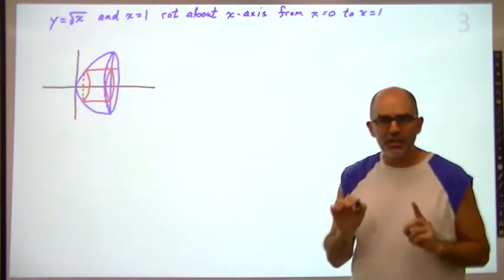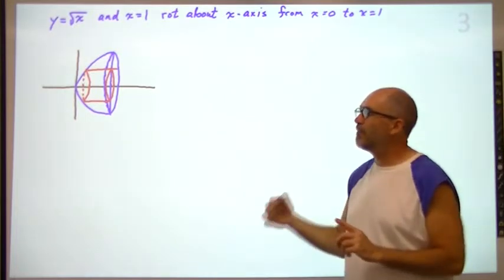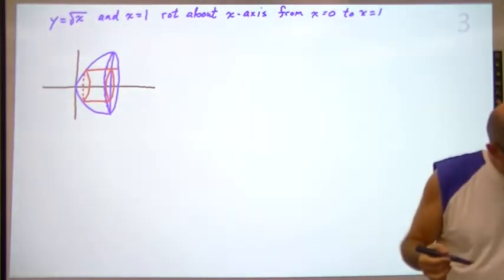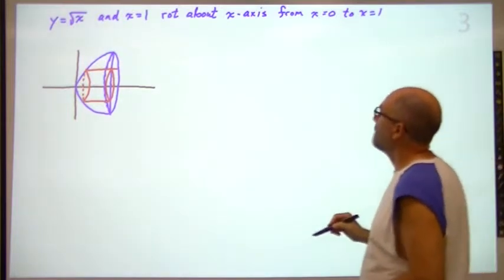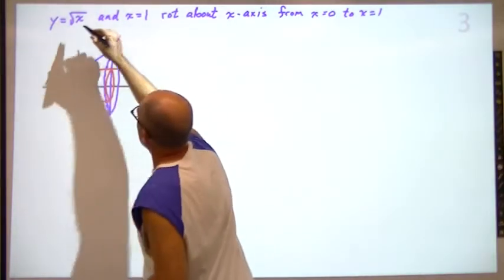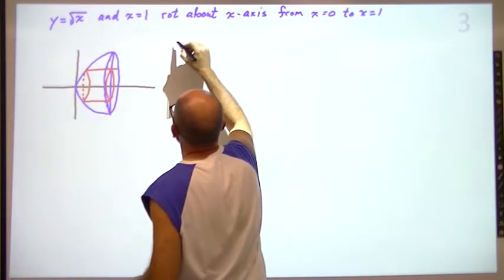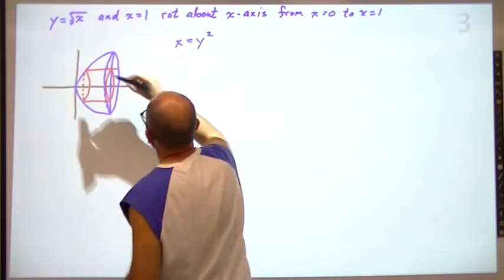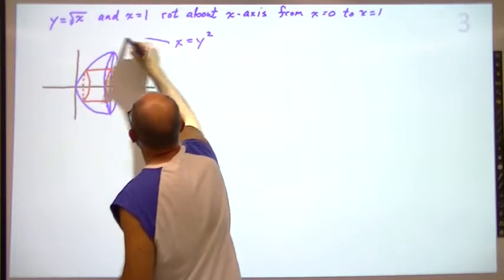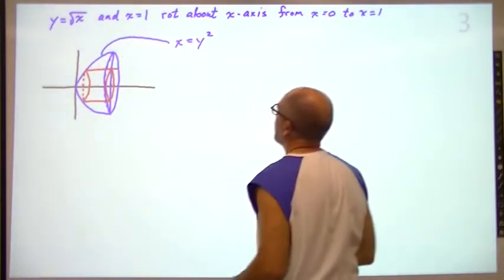That means we need to change this into a function of y. So that means instead of y equals square root of x, it's going to be x equals y squared. And that's my curve right there.